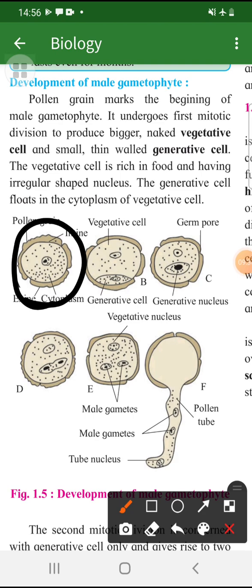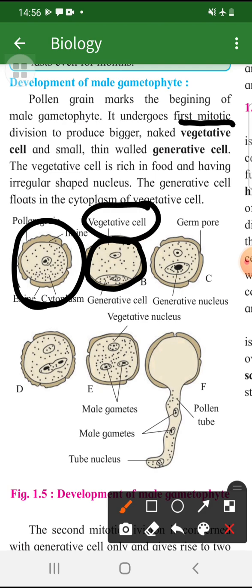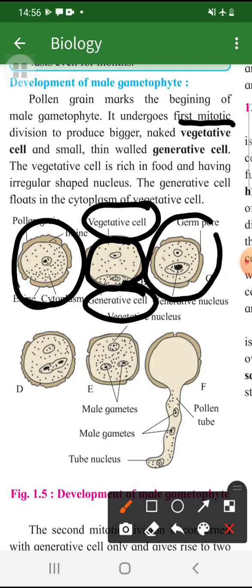This single pollen grain will undergo cell division, and it will be mitotic division, okay? Mitosis होगा. First mitosis will give rise to two cells inside the pollen grain. One cell will be called vegetative, another one will be called generative cell. This generative cell will be floating inside the pollen grain.